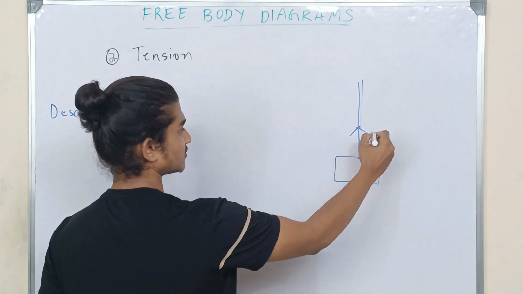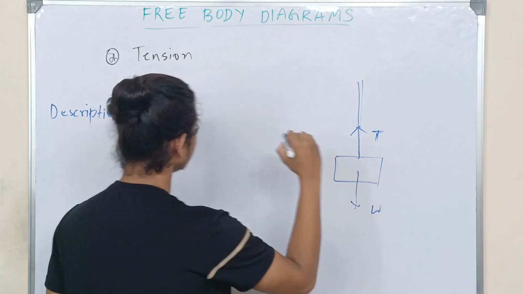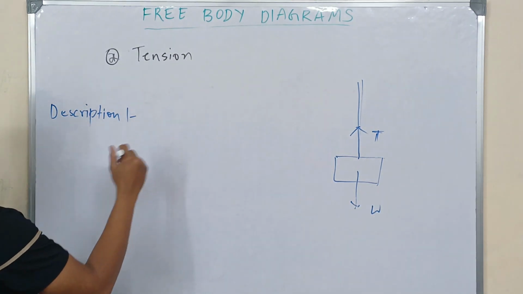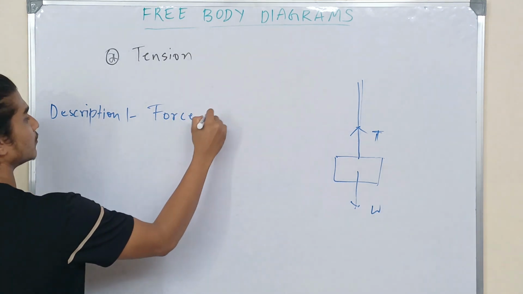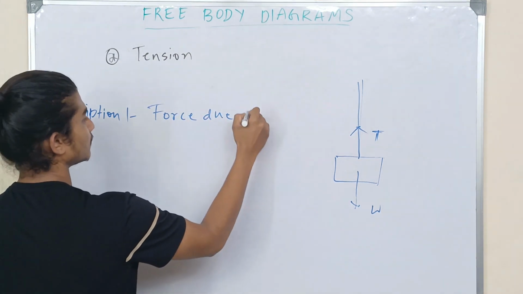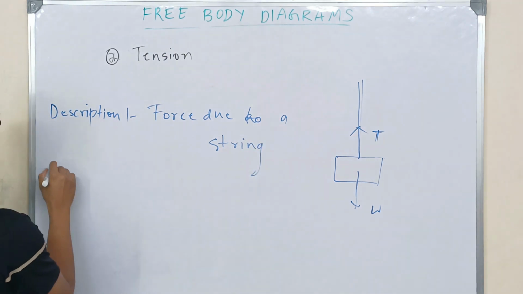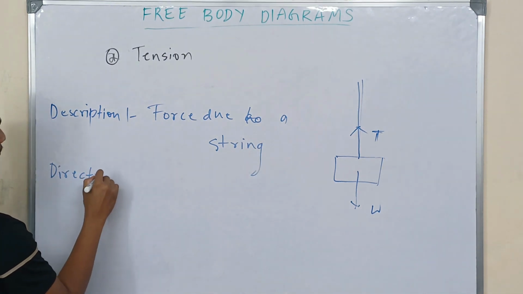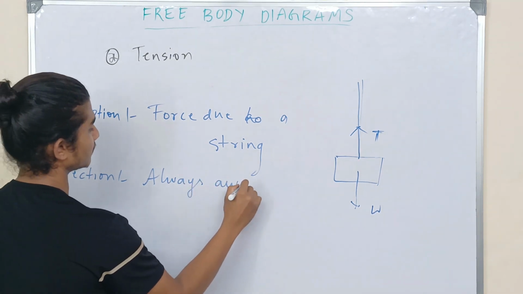So tension is this force over here, and then this is just the weight. Description wise, tension is just force due to a string, whereas direction wise, always away from the body.